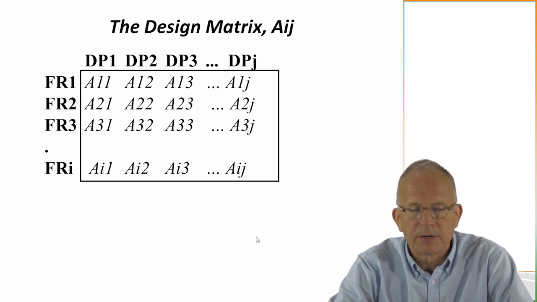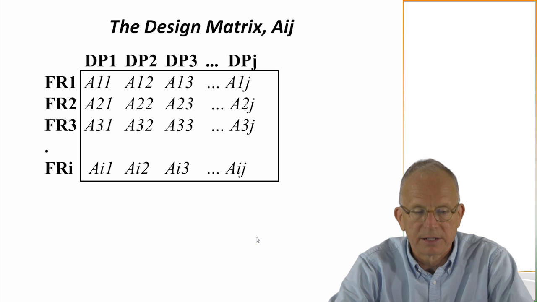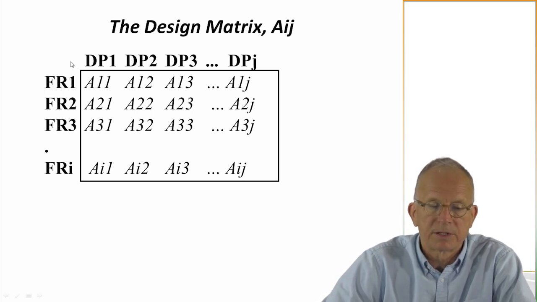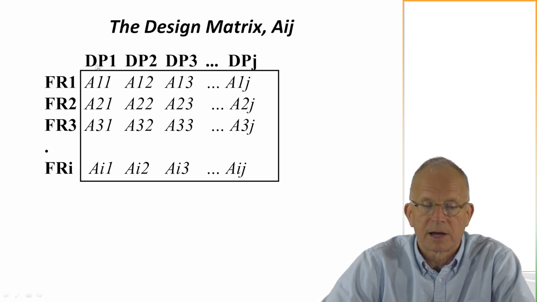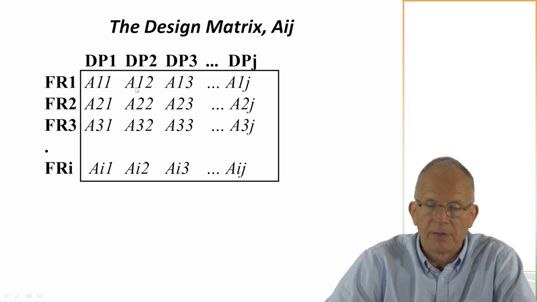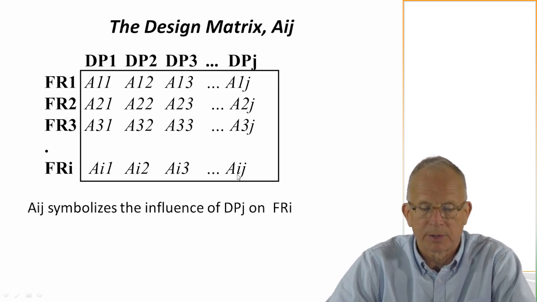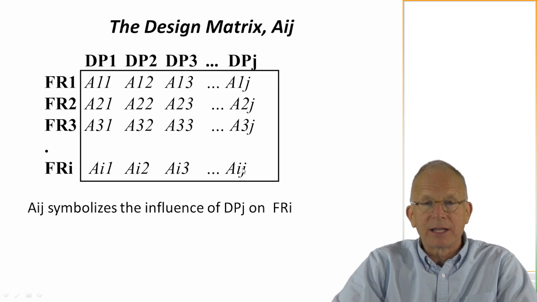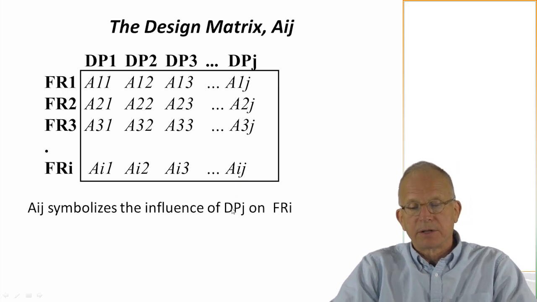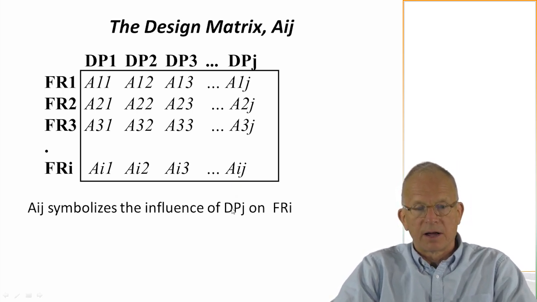So the design matrix can be represented like this, with the FRs down one side and the DPs across the top. And then the elements here are A11 and so forth. We can have any number, really, of FRs and DPs, and so we can represent it with subscripts, so that Aij can symbolize the influence of DPj on FRi.